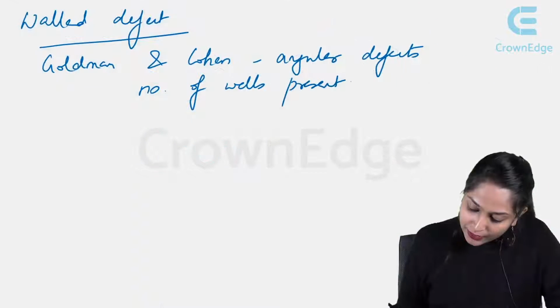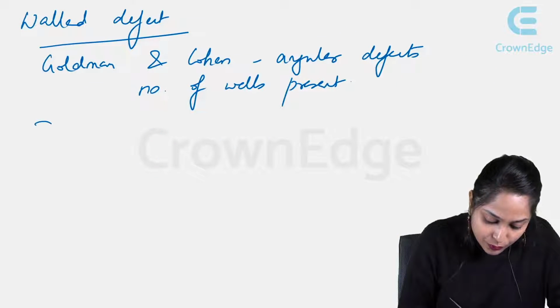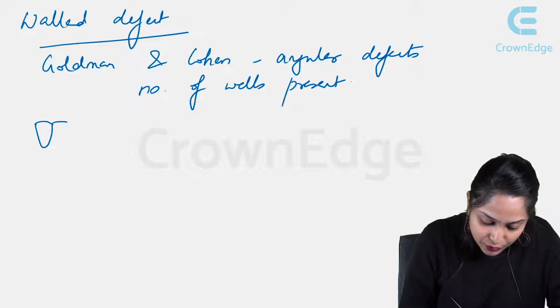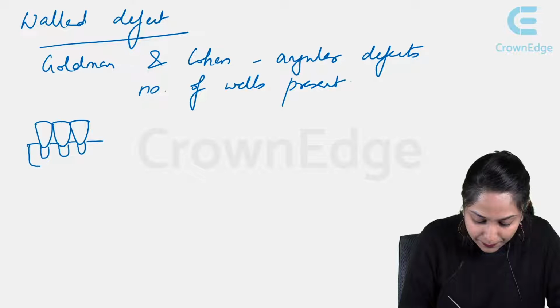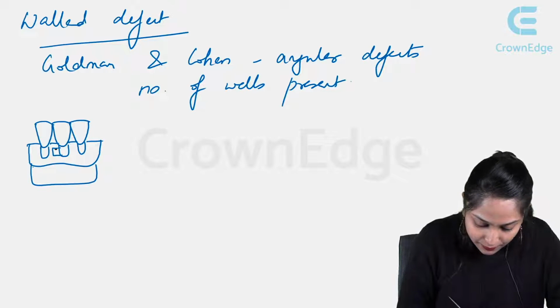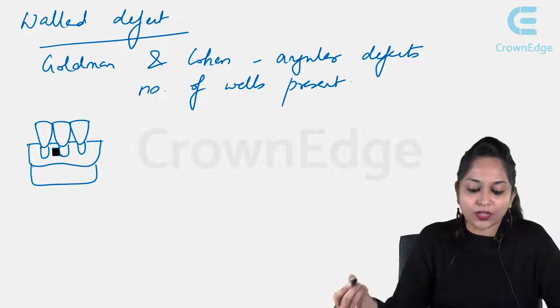So when we come to the 3 wall defect, let me just show it to you. Now what is this?